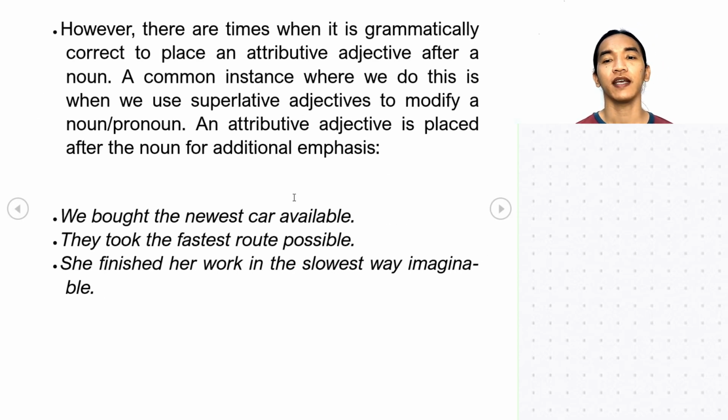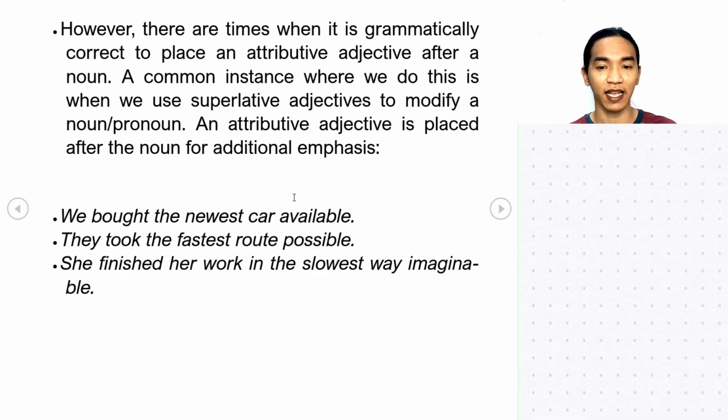Next one. However, there are times when it is grammatically correct to place an attributive adjective after a noun. A common instance where we do this is when we use superlative adjectives, when we are in the superlative form. Therefore, we can use the attributive adjectives after the noun. An attributive adjective is placed after the noun for additional emphasis.